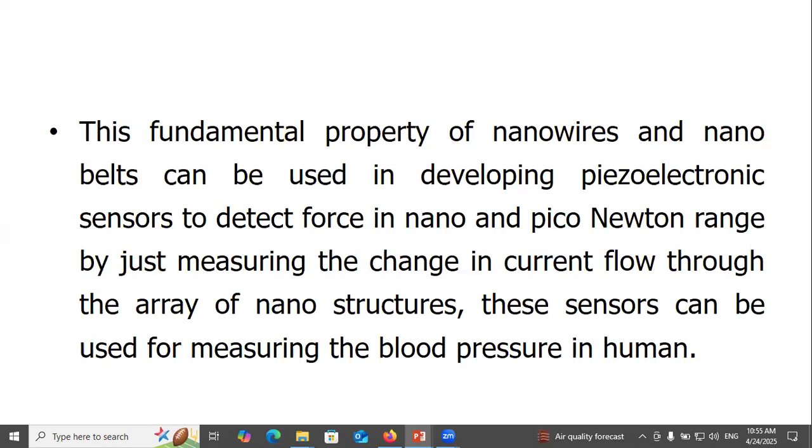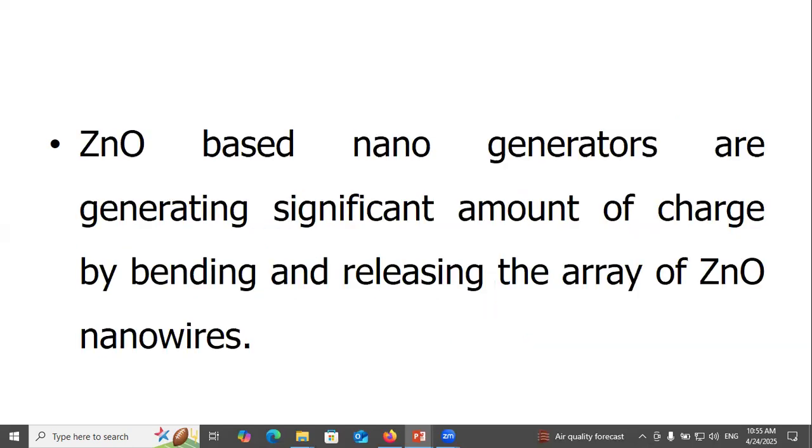This fundamental property of nanowires and nanowalls can be used in developing piezoelectric sensors to detect force in the nano and piconewton range by just measuring the change in the current flow through the array of nanostructures. These sensors can be used for measuring blood pressure in humans.